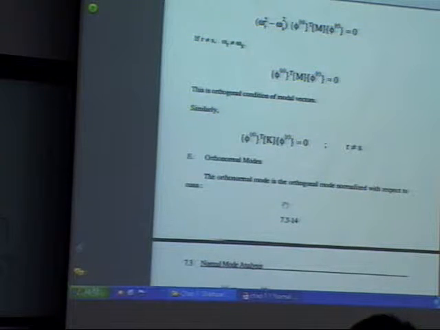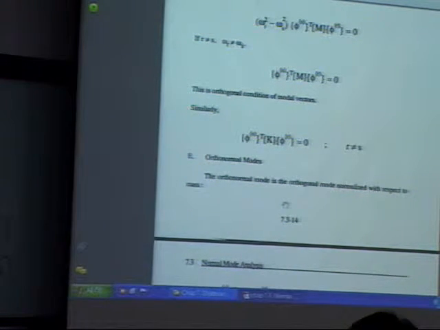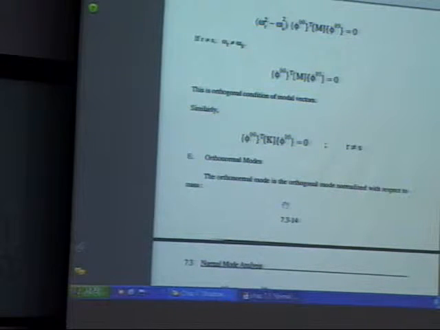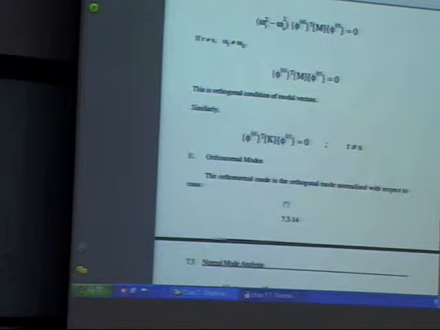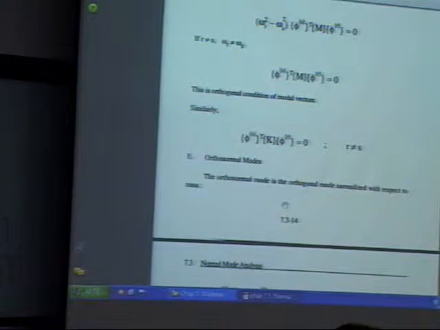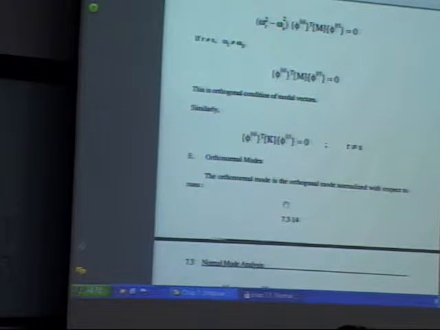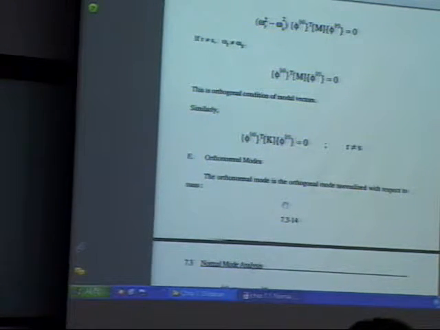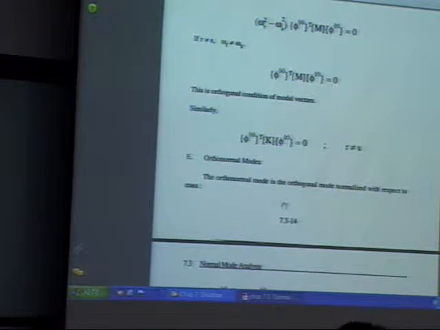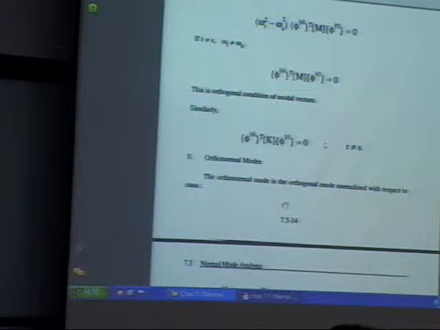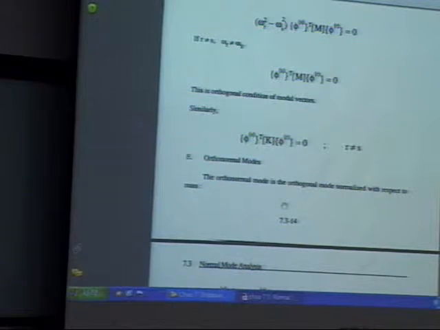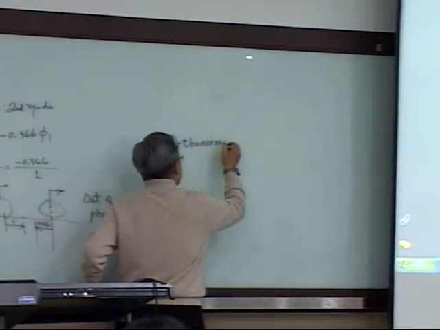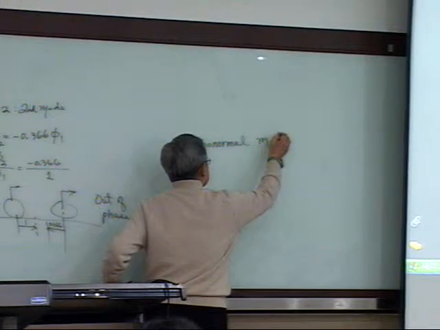Another one I want to introduce is the orthonormal mode. It's a little bit weird, but the two definitions are very important when you run the commercial code for modal analysis. All the modes printed or generated by the code are orthonormal, which is called orthonormal mode. What does it mean?